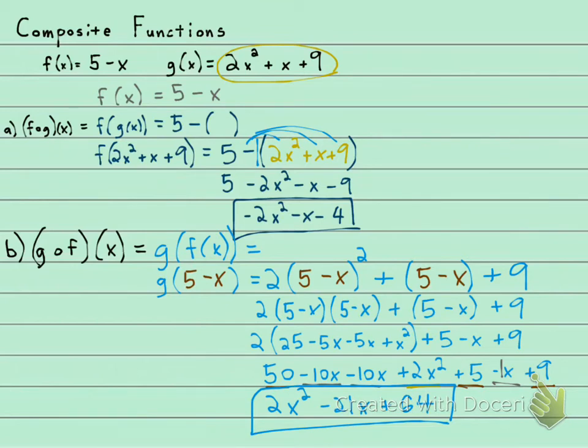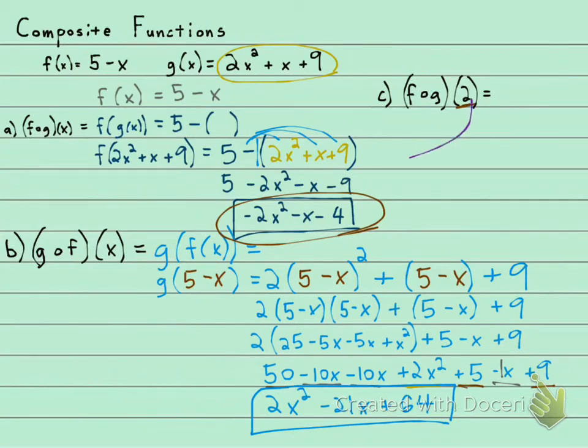Now they want us to plug in a number. So they want the f of g of 2. We already know what the f of g of x is. We found it, it's this thing right here. So we're going to take the f of g of x, and instead of x, we're going to put in a 2 everywhere where we saw an x.